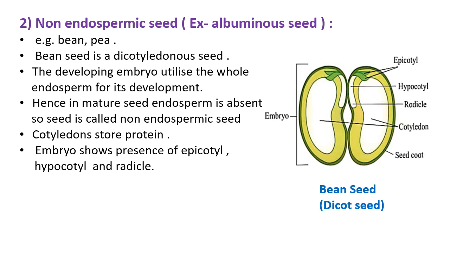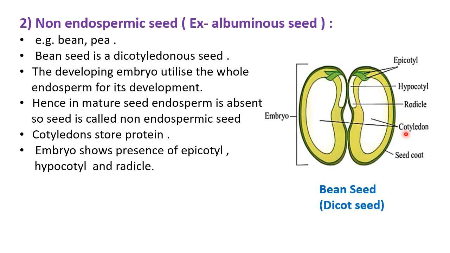Now we will study the second type of seed, that is non-endospermic seed, also called ex-albuminous seed. The common examples are bean and pea. In the diagram we see the structure of an opened bean seed. You all know that bean seed is a dicotyledonous seed, that is, it shows presence of two cotyledons.